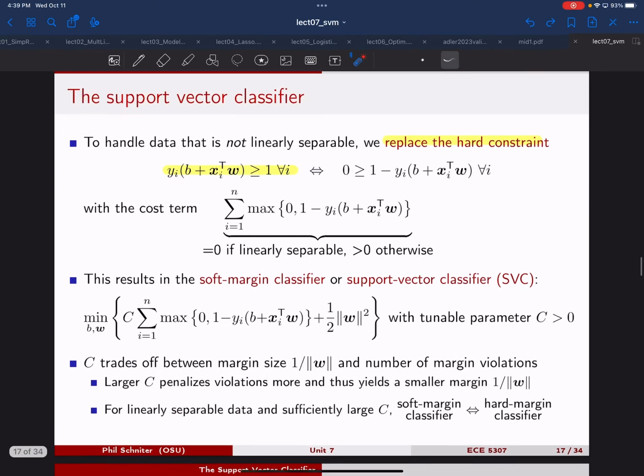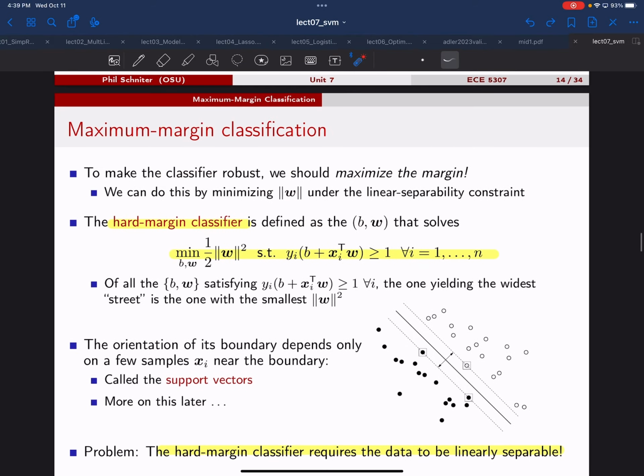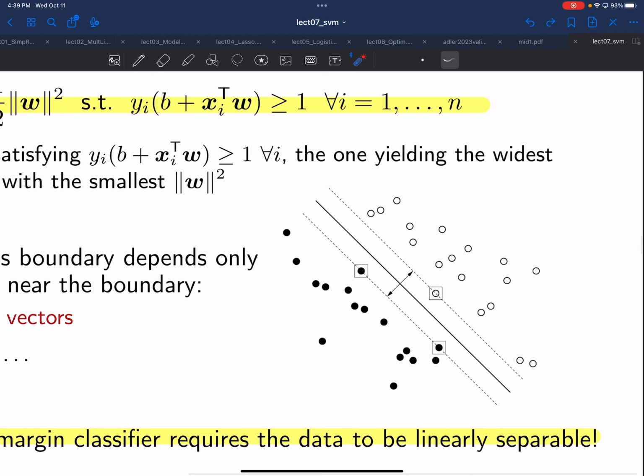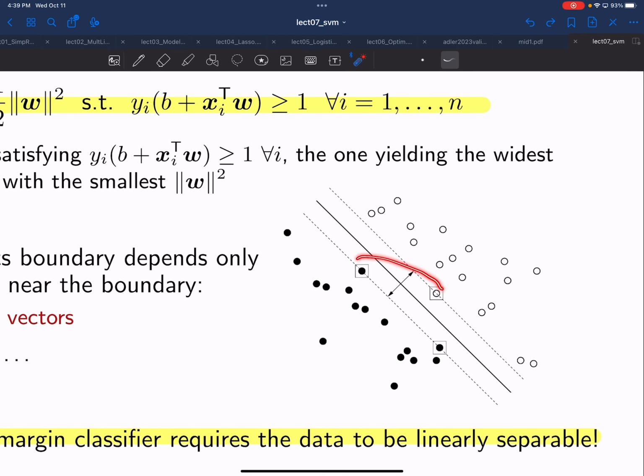Like in this picture, the minimum number of samples you need to determine this boundary is 3. So no matter how large C gets, you're always going to be using those 3 samples, and your street will always be this width. It will not keep shrinking.